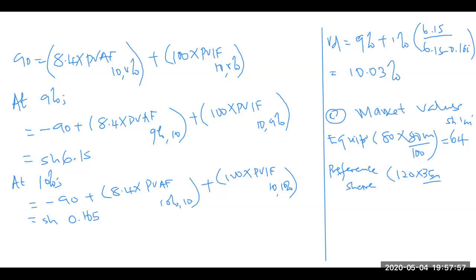The nominal value per preference share is 100. So we get 42 million.